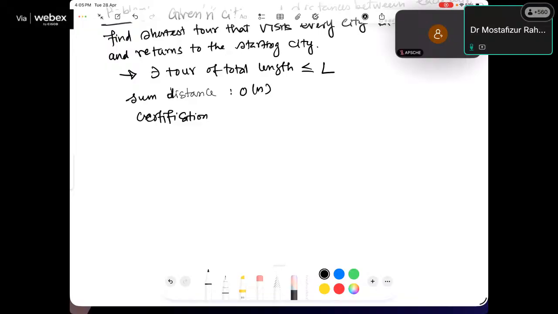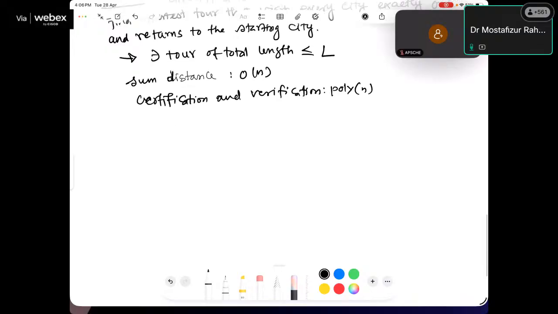What is a certificate? We discussed it in the last class. The certification and the verification we can do in polynomial time, right? That's why it's a polynomial time verification.